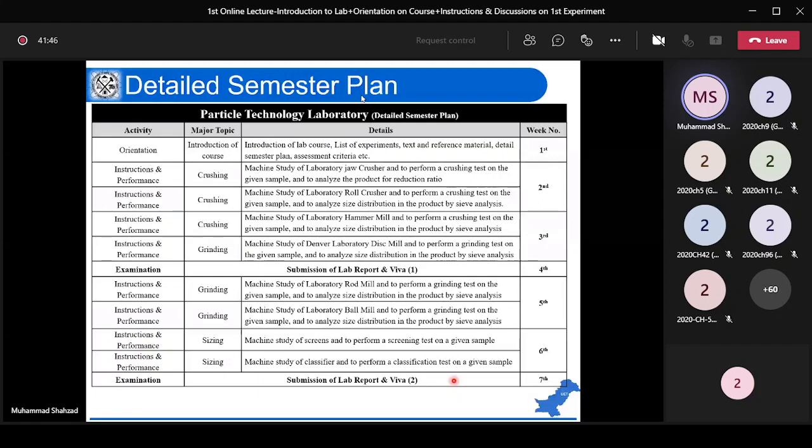Then we will perform experiments in the time slot provided by the hierarchy. I remember last time 3 weeks were provided for the lab work, right? So obviously there will be some solution for this problem, but I am hoping that we will be able to do all these things on campus.